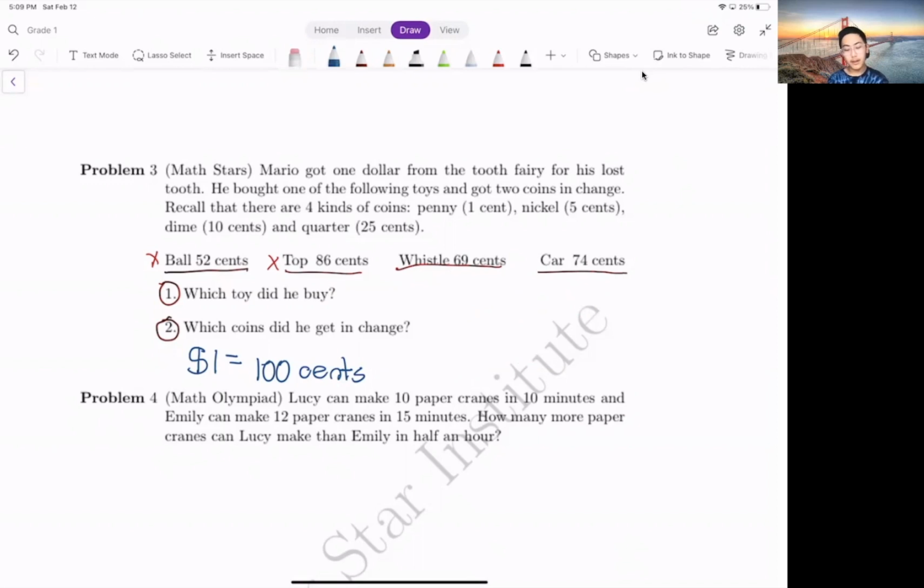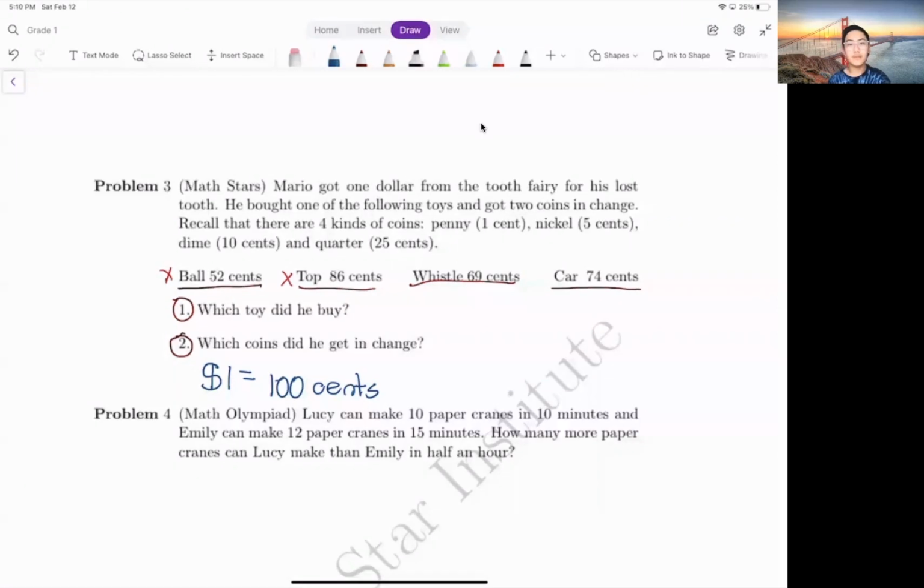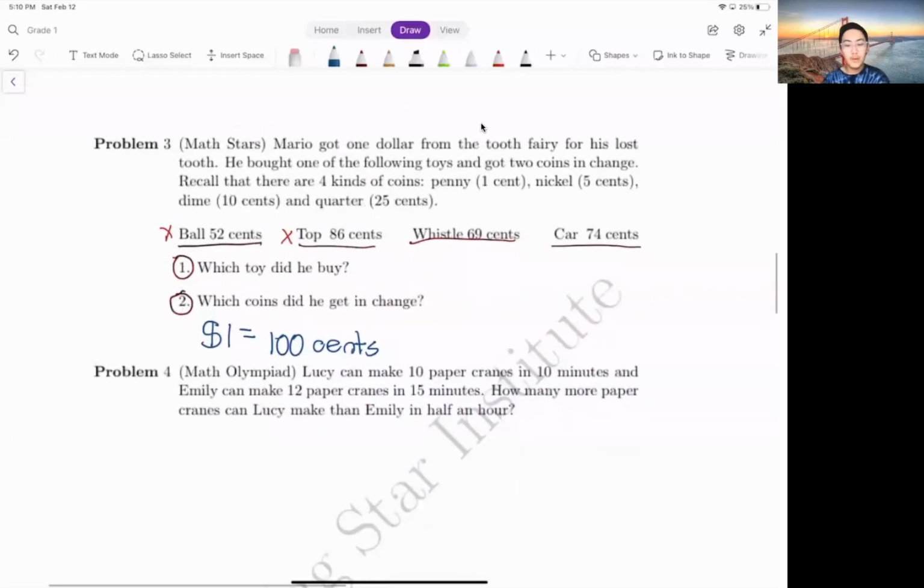But hold on, let's look at another possibility. Let's look at the car now. 100 cents minus 74 is equal to 26. And let's see if we can put 2 coins in change with 26. So let's start out with a quarter.